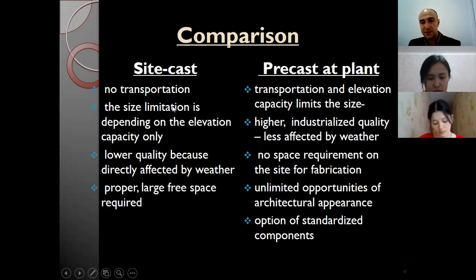So it means that there is no requirement to think about transportation, about how the ready constructions will be transported. And for precast constructions, it is very important to think about how the prefabricated or modular constructions will be transported from the plant where they were manufactured to the site where they will be assembled. And sometimes there are limitations of traffic jams.